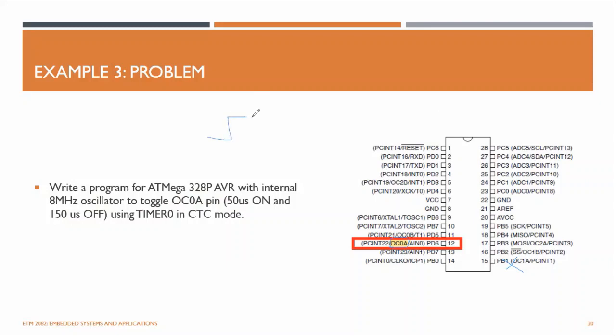So I want to generate a PWM signal, 50 microseconds on and 150 microseconds off, and again 50 microseconds on, 150 microseconds off. Likewise, I'm generating this kind of square wave signal using CTC mode. Okay.